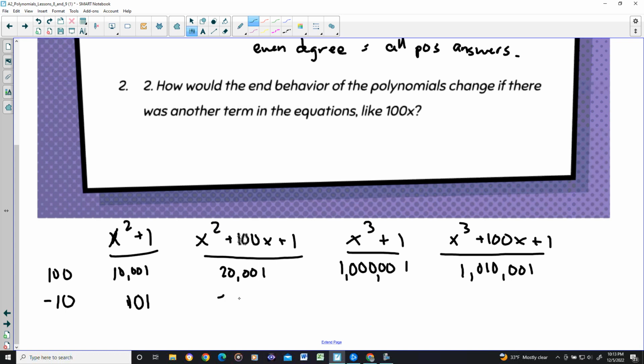So it's negative 1,000, so you're looking at negative 899. Over here, negative 10 to the third power is negative 1,000, plus 1 is negative 999. And then here, you're going to have negative 1,000 again, so negative 999, but this is going to make it go even more negative. So you're going to have negative 1999. Okay.